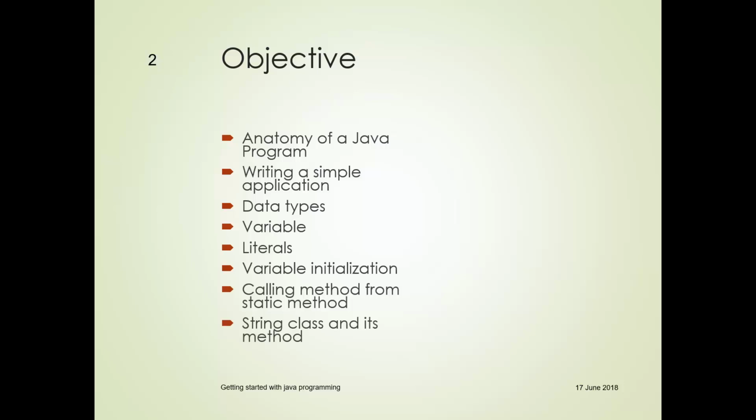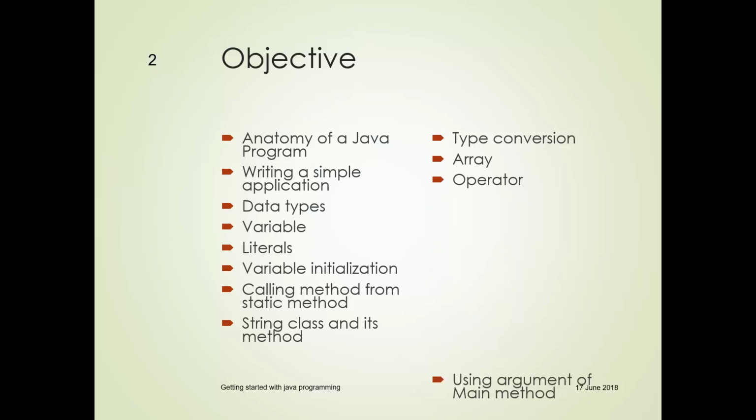This is very much going to be used in programming. Various type conversions, the data type conversion, that we are going to learn. What arrays are. Those are very much used. What various operators are used in Java, and how we are going to use the arguments of the main method in Java programming.